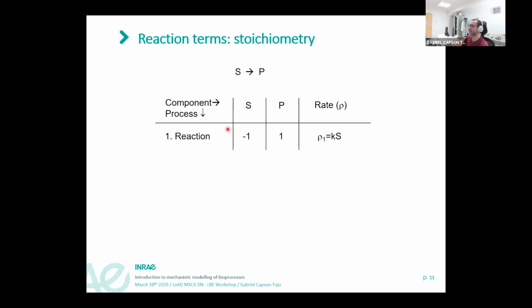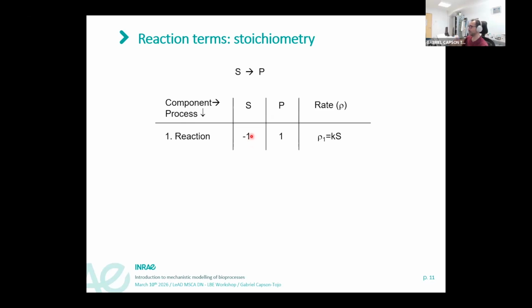Any other row that comes later on is going to be all the reactions that are happening in your model. In this case, you only have one reaction, which is S becoming P, right? What we do here is we fill these gaps with our stoichiometric coefficients. That's everything there is to this matrix.